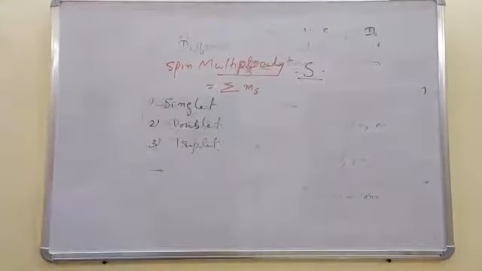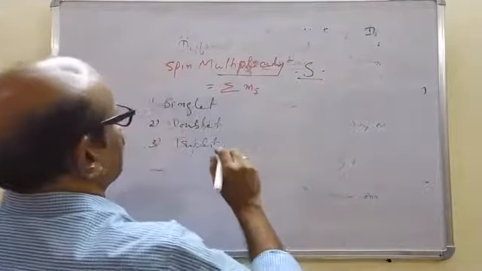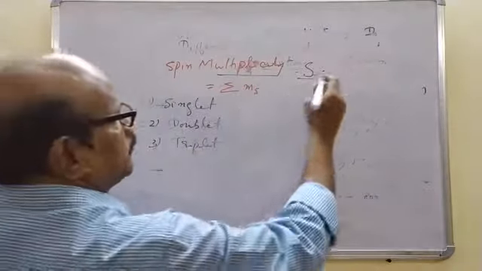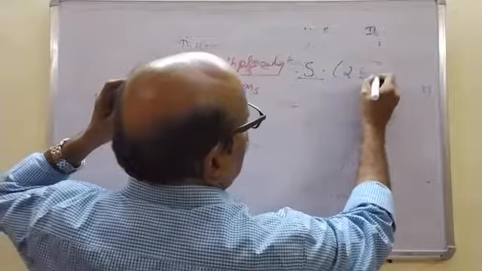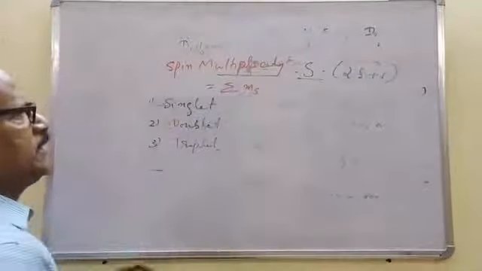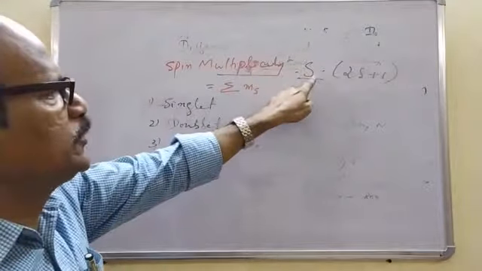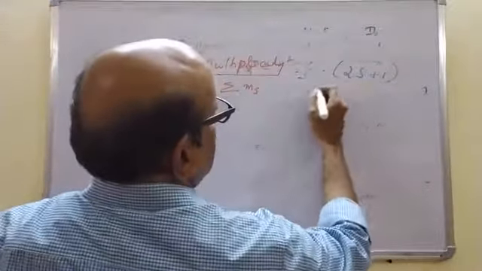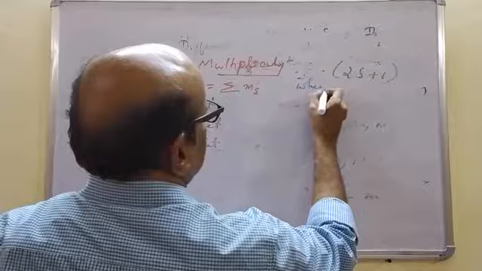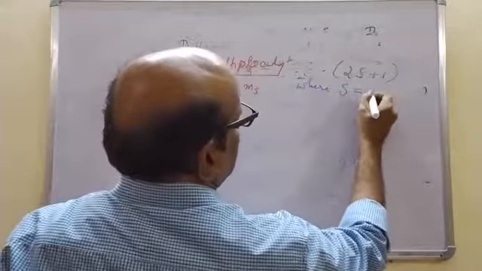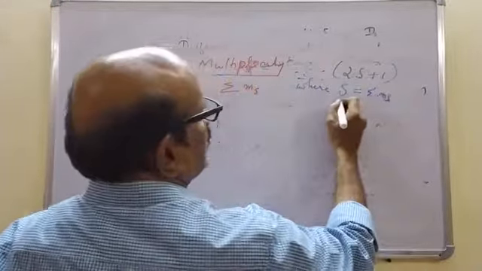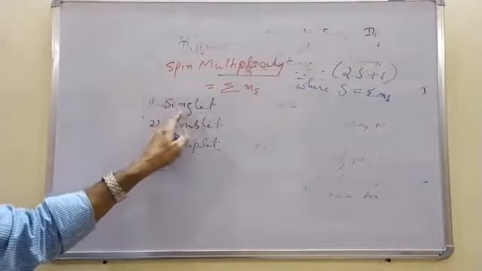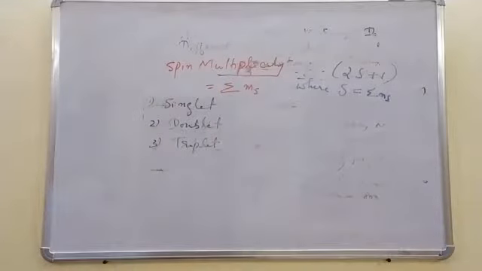The multiplicity is usually represented by 2S plus 1, where S is equal to sigma ms. So what is spin multiplicity?